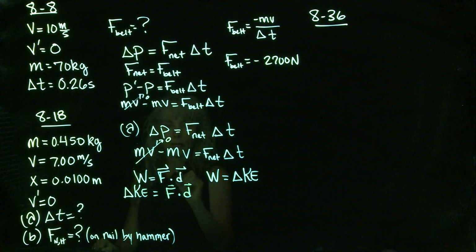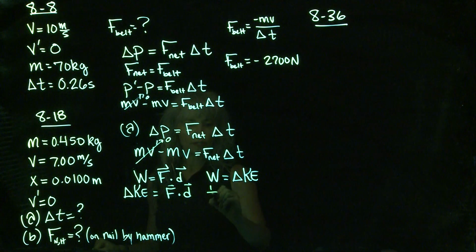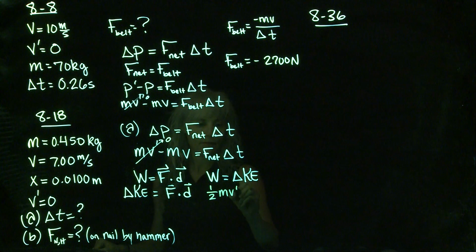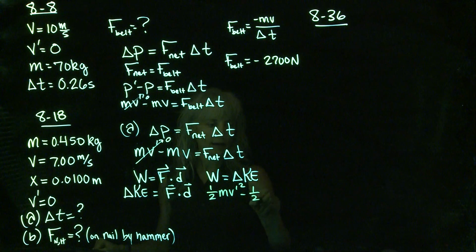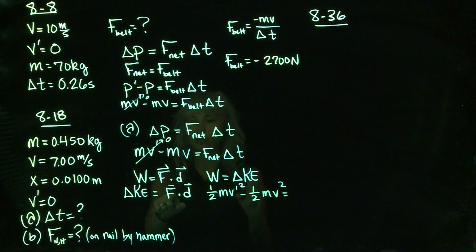And so if I write out what change in kinetic energy is, that's 1/2 m v final squared minus 1/2 m v initial squared. And that's going to be equal to the force being exerted by the nail on the hammer, which is oppositely directed to the displacement of the hammer. So I'm going to pick up a negative sign from this dot product.